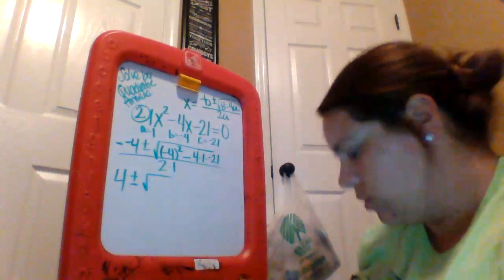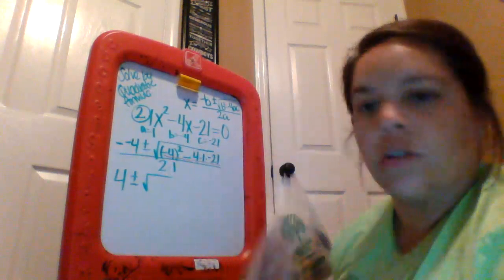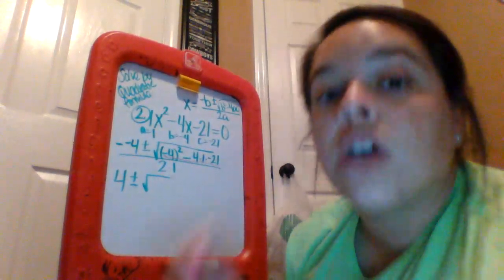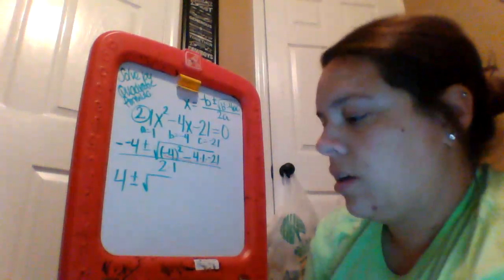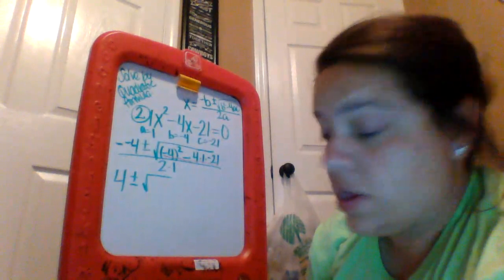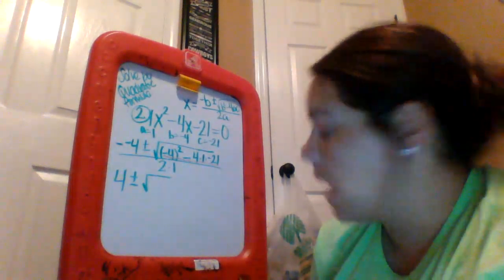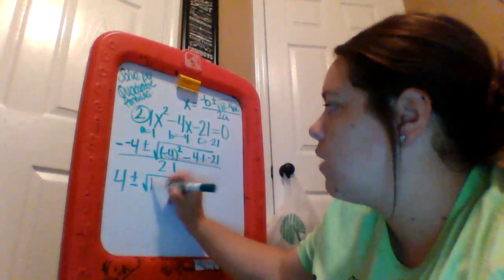And then you can use your calculator again to type just the part that's under the root. Nothing else. Don't type the root, just the numbers under there. So parenthesis, -4, close parenthesis, squared, minus 4 times 1 times -21. And I got 100.